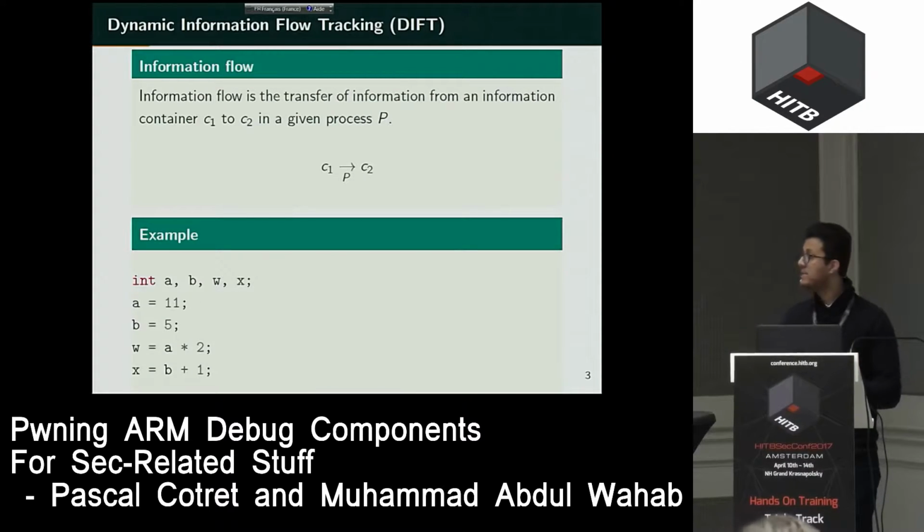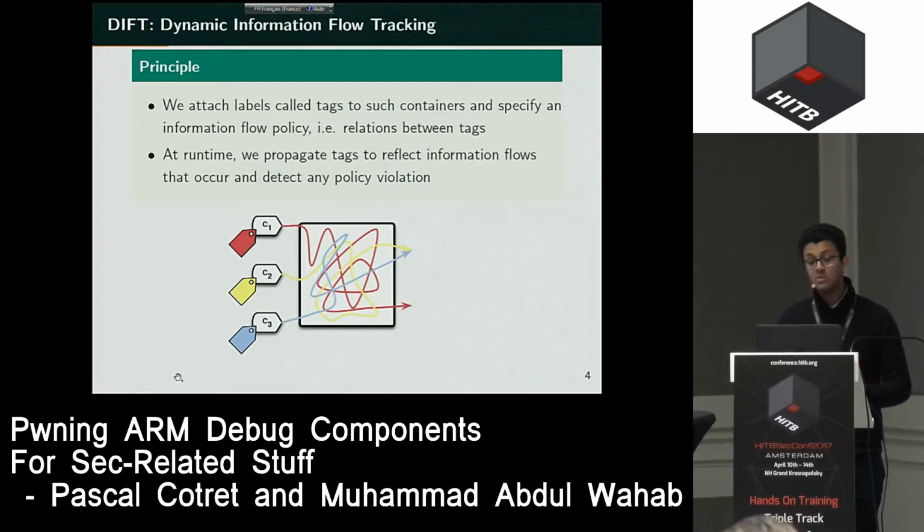Just to give an example, at the application level here, we have four information flows. On line 2 and line 3, we have information flows from constants towards variables. On line 4 and 5, we have information flows between variables, between A and W, B and X. The principle is to attach a tag, a metadata, to the input. Here we attach a color just to show the metadata.